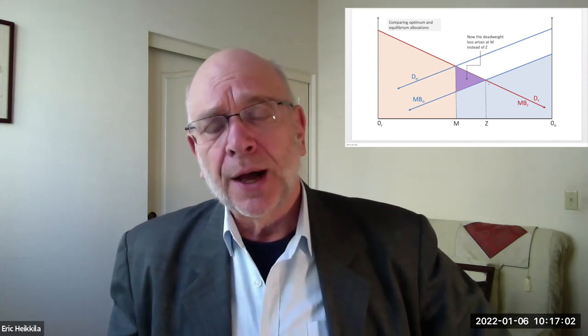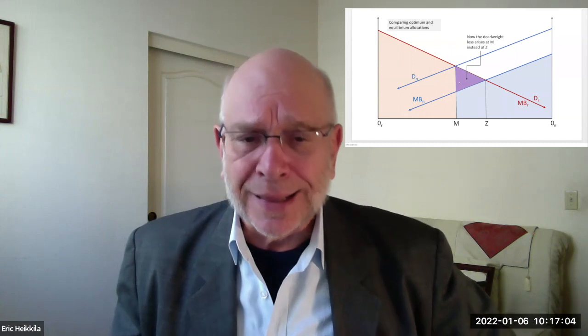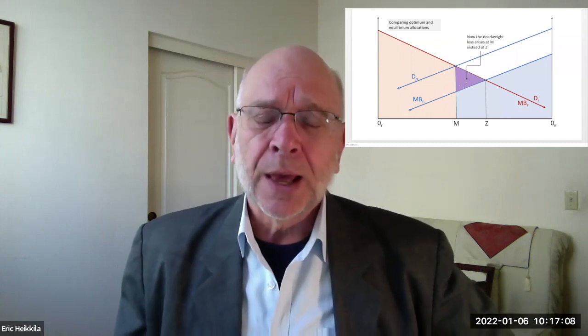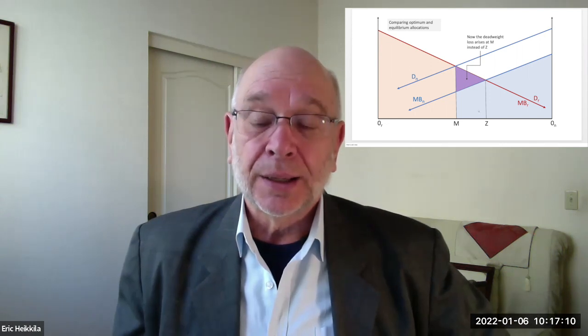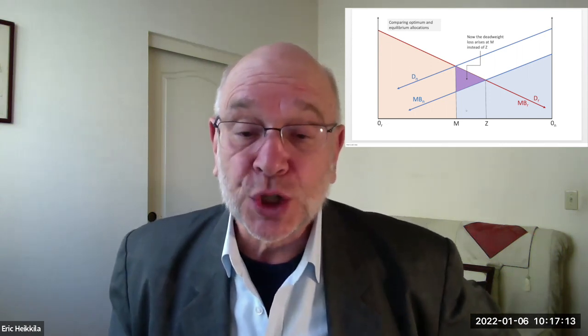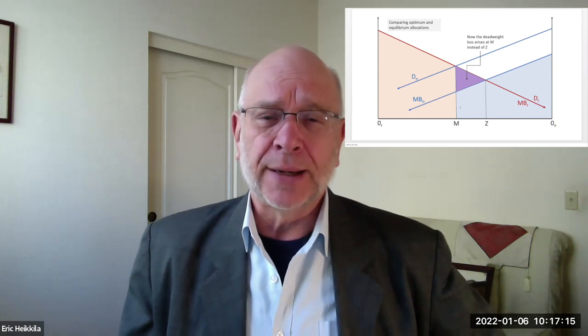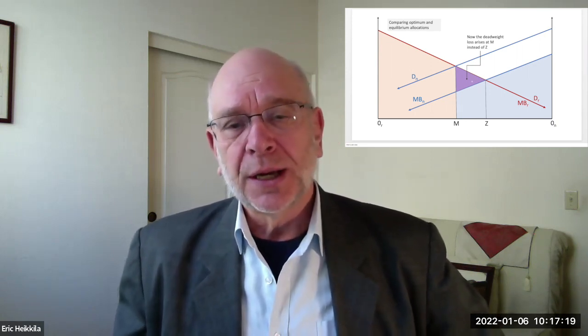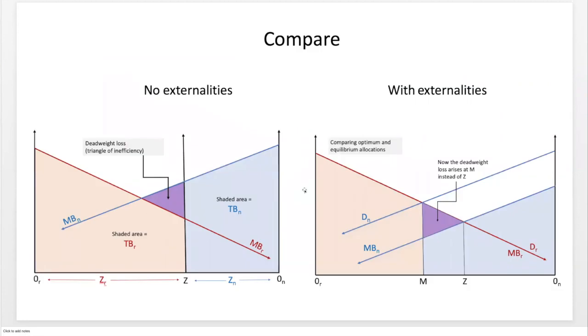The market in this example is going to lead us to an equilibrium that gives us too much non-residential land. And so this deadweight loss, this triangle of inefficiency, appears in a different place. And we can compare those two examples here.